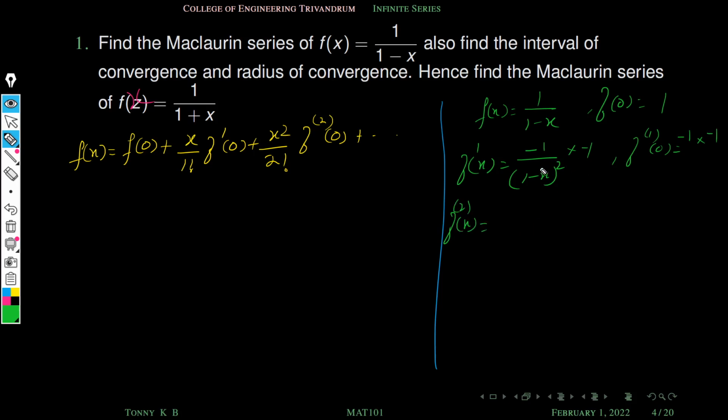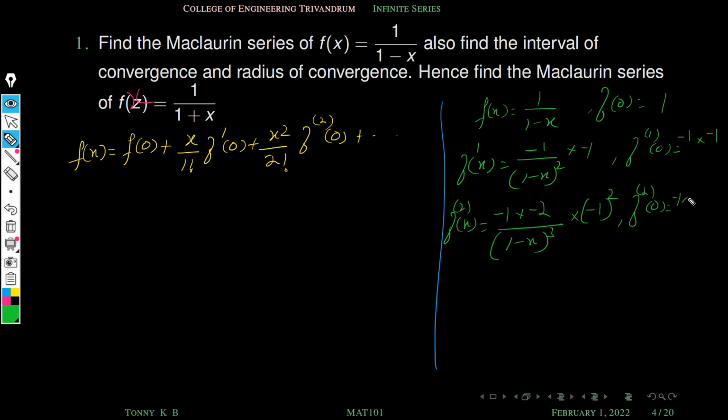So differentiate this one. The derivative of this expression is minus 2 by 1 minus x whole cube. Already 1 minus 1 is there, into minus 1, so this becomes minus 1 square. So what is f2 of 0? When x equal to 0, this term becomes 1.